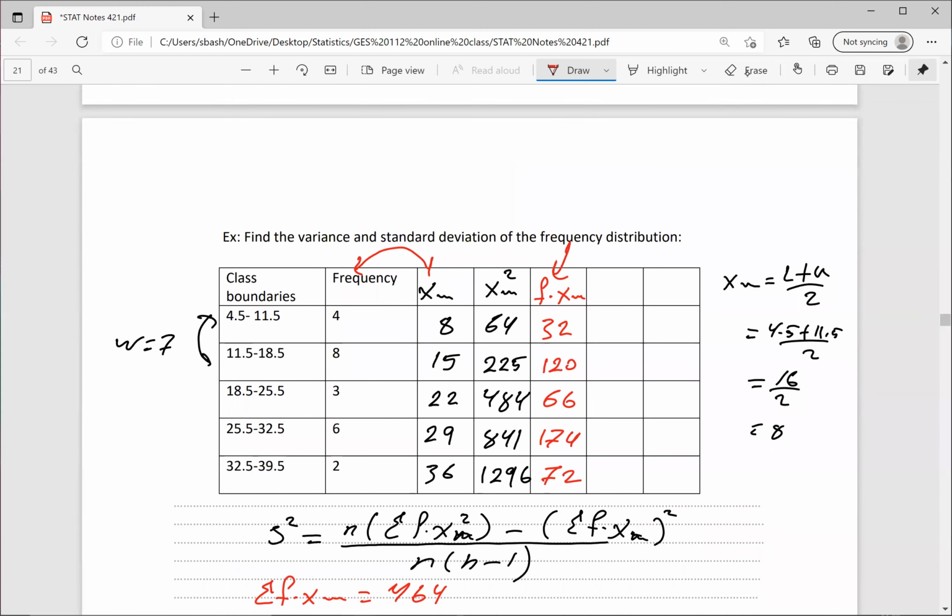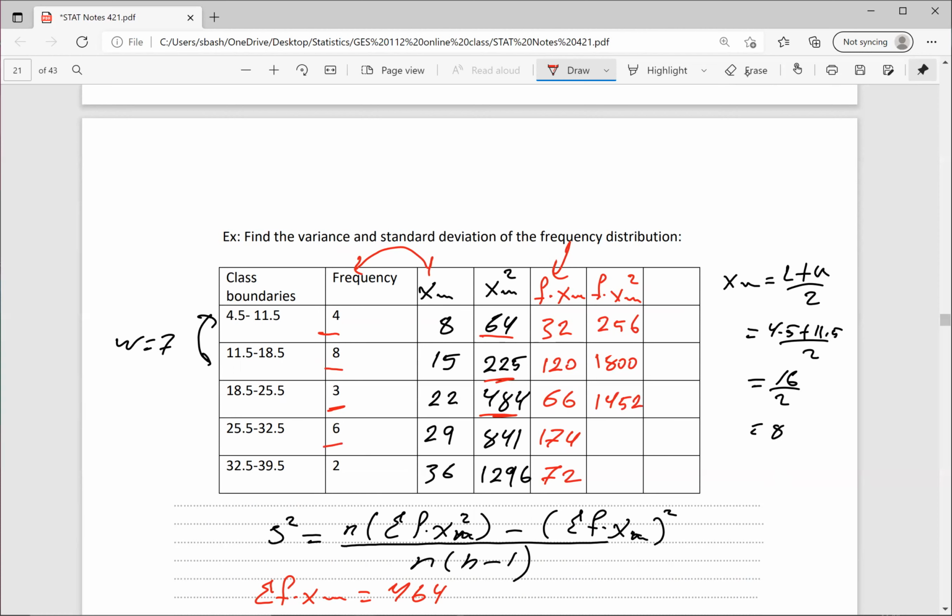Now for the next column, I need to find f multiplied by xm square. So 4 times 64 is 256. 8 multiplied by 225 is 1800. Now 3 multiplied by 484 is 1452.